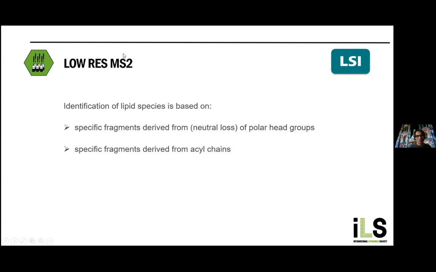So you have to use tandem mass spectrometry, and you have to evaluate the different lipid class fragments, which may be either direct fragments from the head group or neutral losses. And if you want to reach the molecular lipid species level, you have to see the fragments from the acyl chains. That is really necessary to get that type of information.